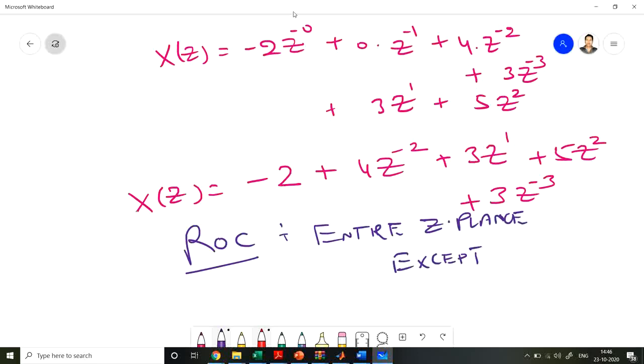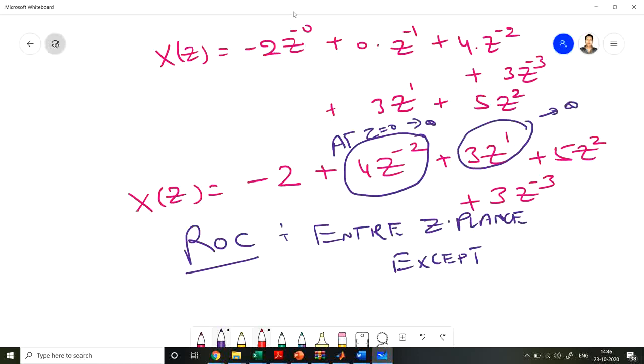So what are the points that we have to exclude from the region of convergence? If we analyze this, at z equals 0 a term will tend to infinity, and another term will tend to infinity when z tends to infinity.